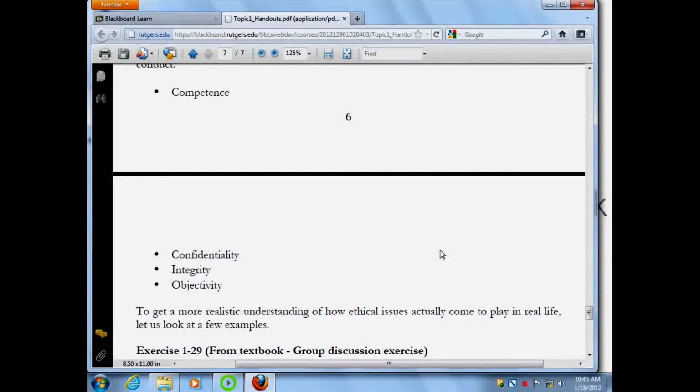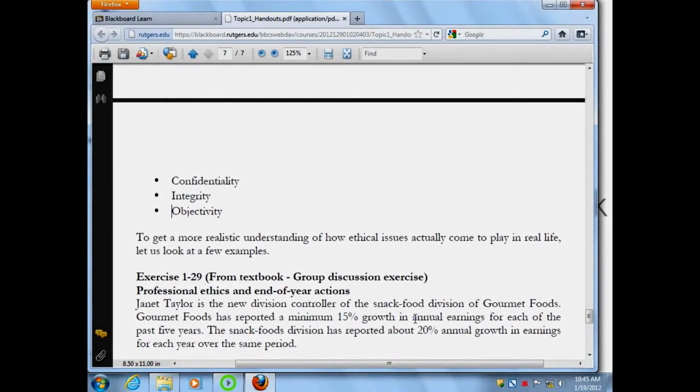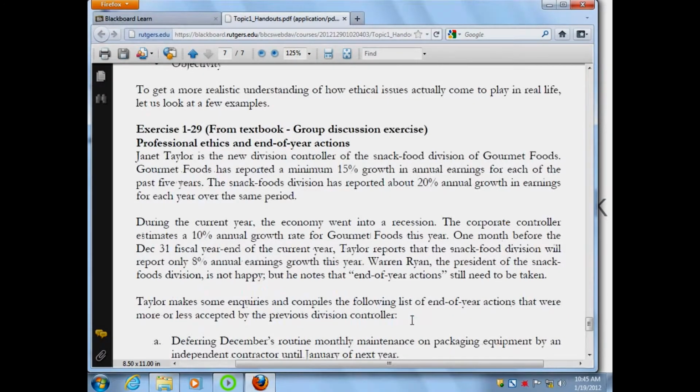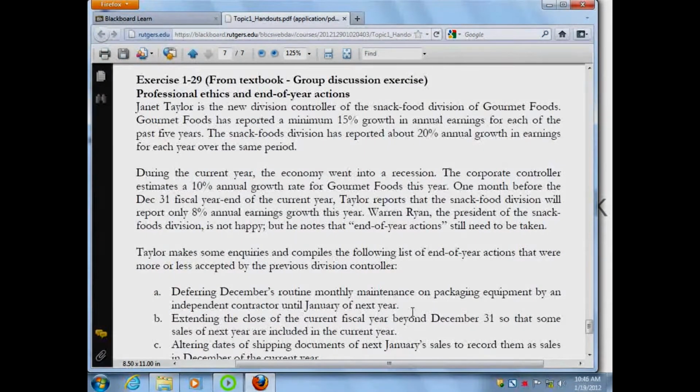So you can't understand ethics by talking about them, by describing them. That's a useless exercise. So what we are going to do now is a group discussion exercise. I'm going to present you with a situation where there are a number of ethically shady questions in front of you, and you are going to put yourselves in the shoes of the accountant who is obligated with signing off or not signing off on each of those transactions, some of which are ethically questionable.